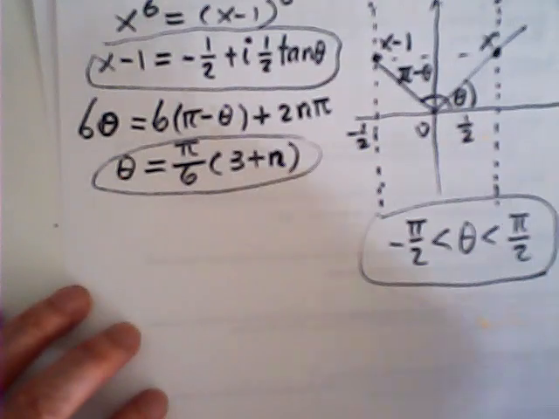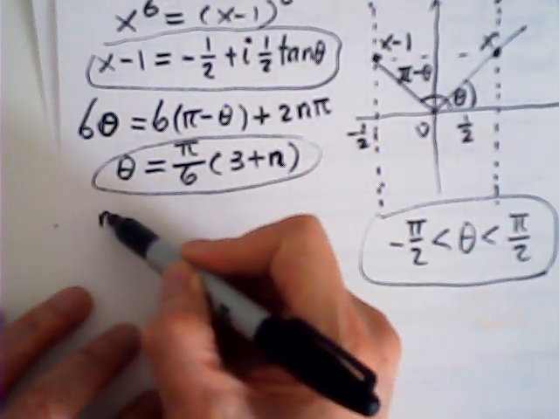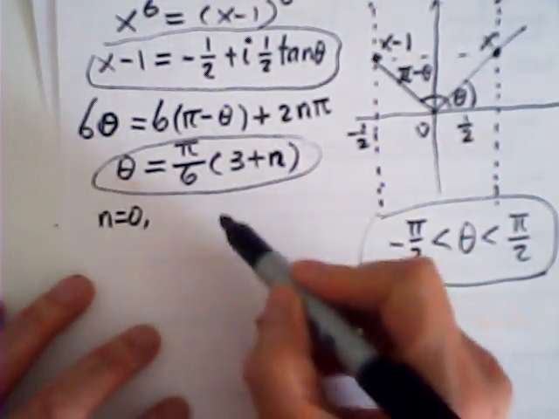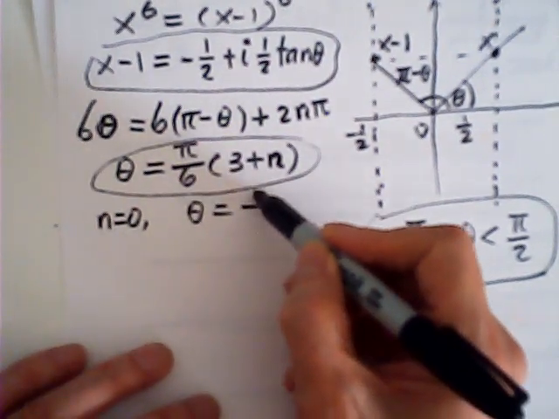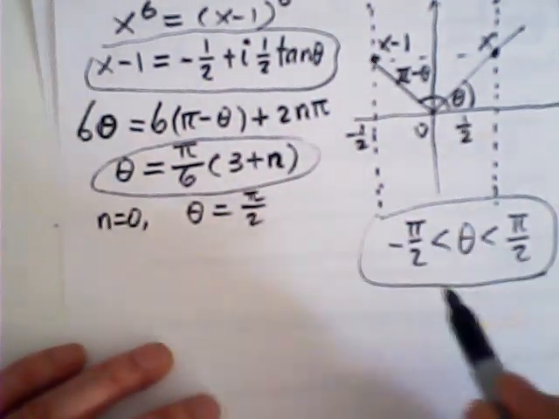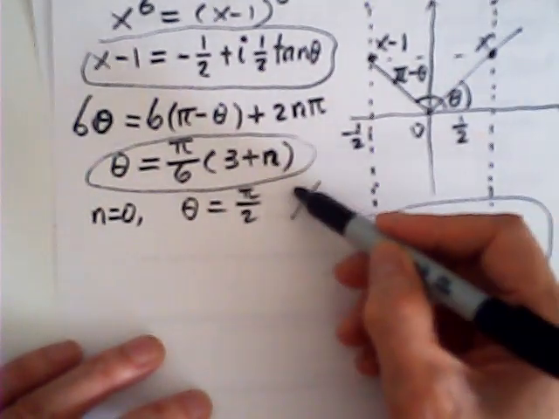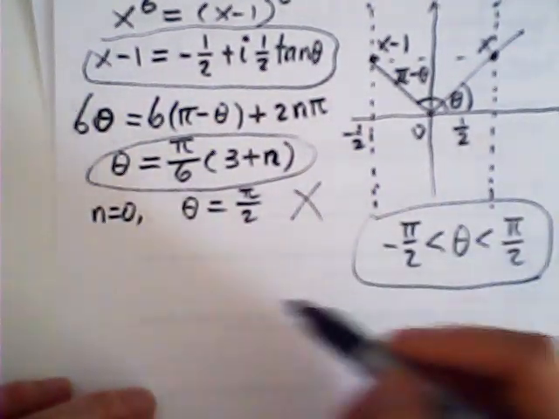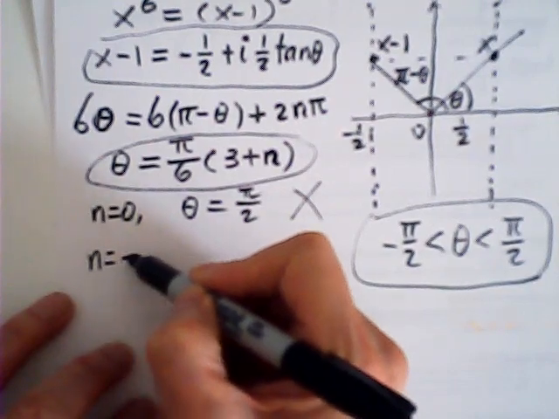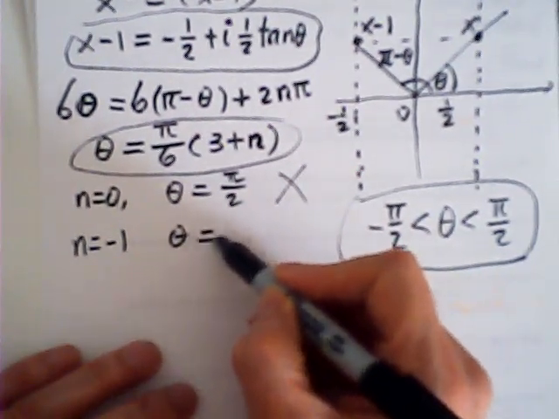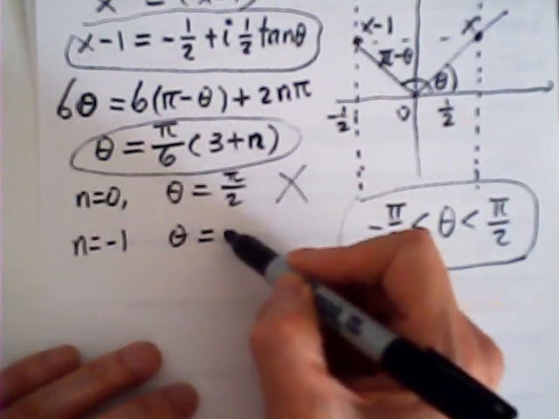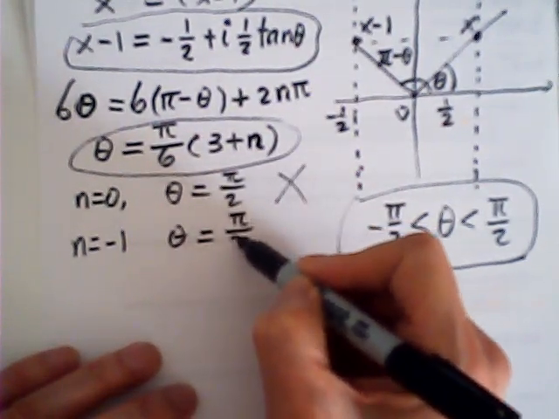Now, when n equal to 0, theta is equal to half pi. Well, half pi is not good, not allowed. Okay, n is equal to -1. Then theta is equal to 1/3 pi, right?